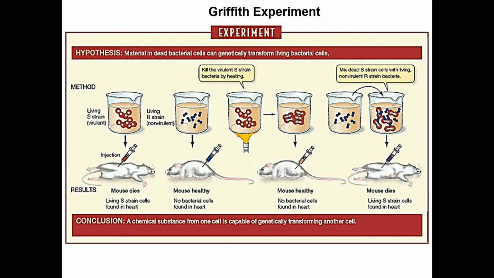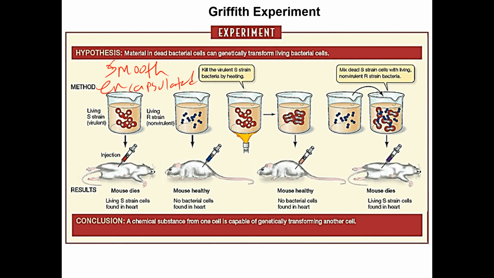Now, this living S strain, S refers to smooth, because it is encapsulated. It has a capsule, which is basically this extracellular polysaccharide protein gelatinous coating around the cell.